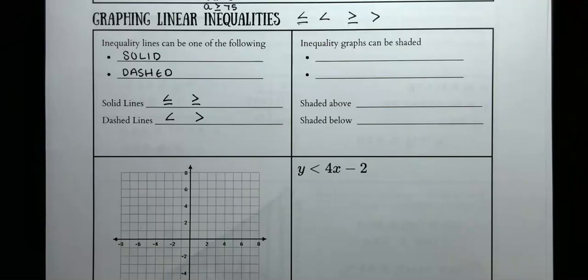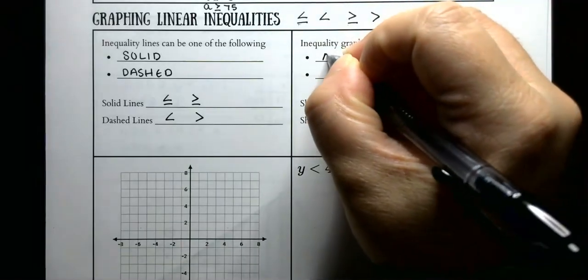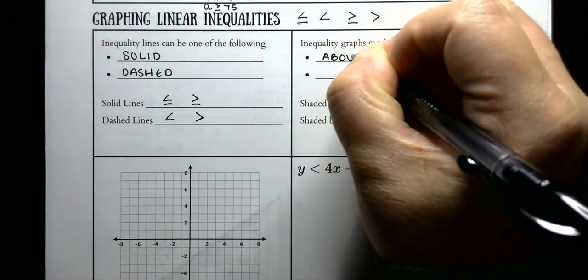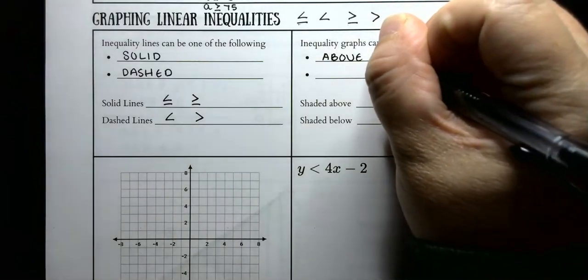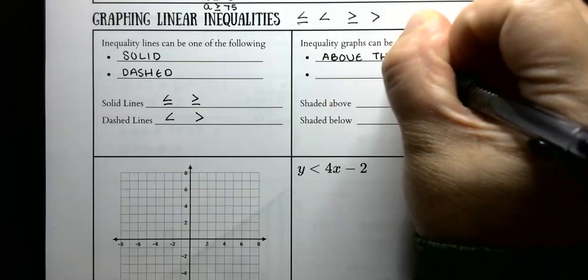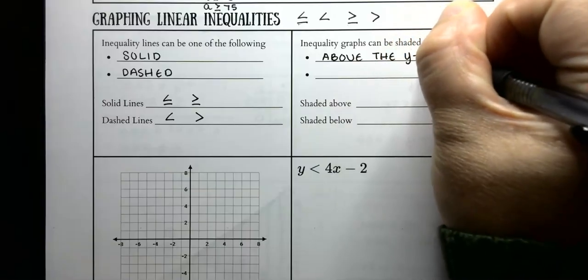Now, shading. We are going to have to shade one of the two sides of our line, either above it or below it. So let's go ahead and write that in, above. And I'm actually going to go ahead and tell you above the y-intercept.